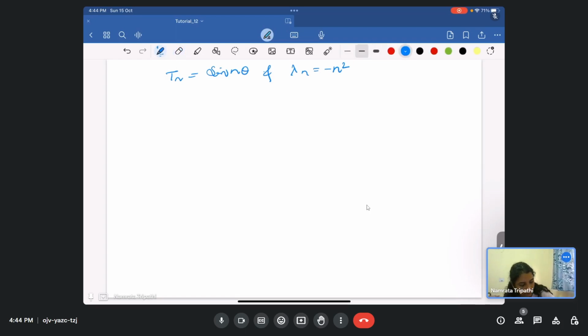So after putting λn for the problem for R, we can solve for R. This is the Cauchy-Euler method, you can apply. You will get An r to the power n plus Bn r to the power minus n.